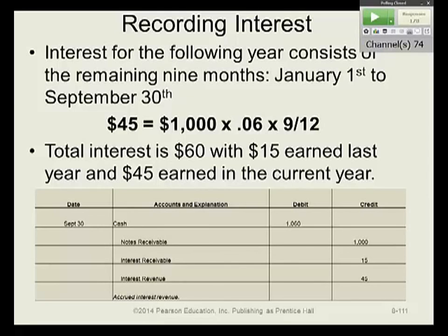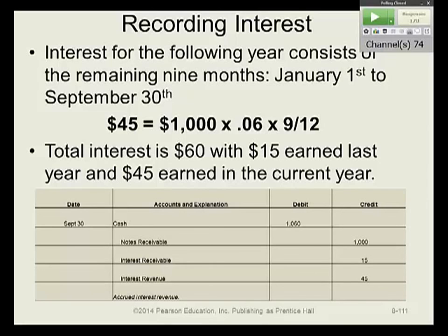You collect the $1,060, which includes the note receivable of $1,000, the interest revenue for this period of 45, and the interest receivable for 15.